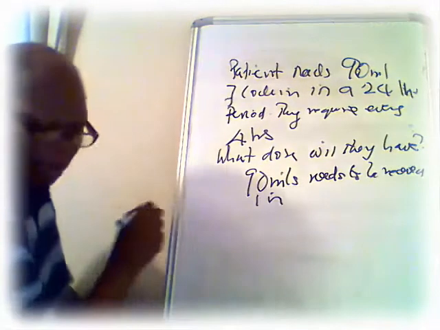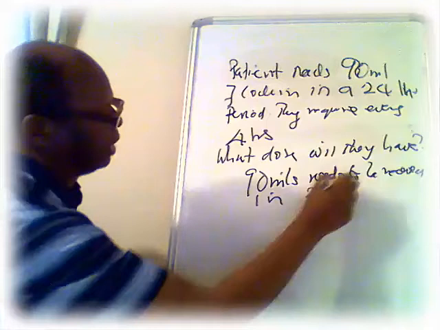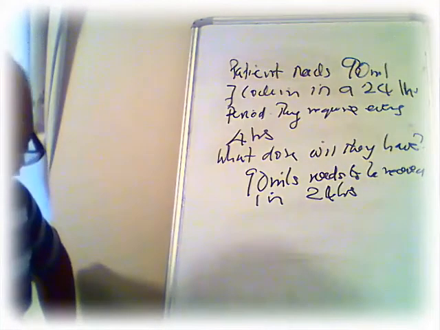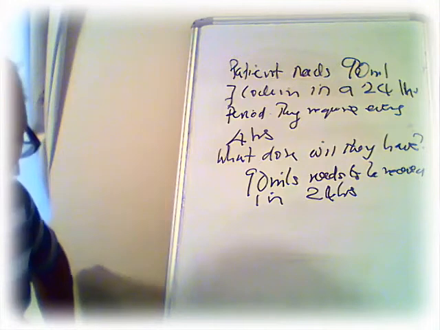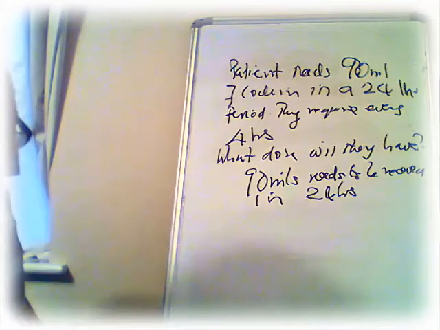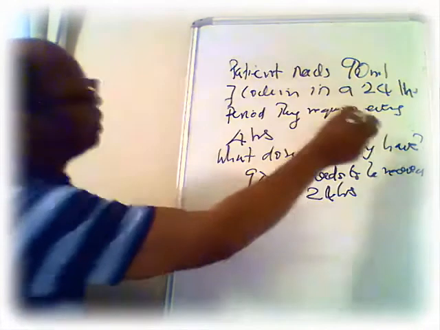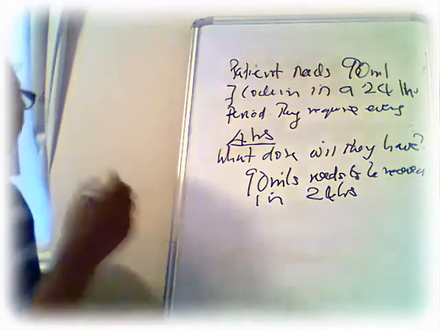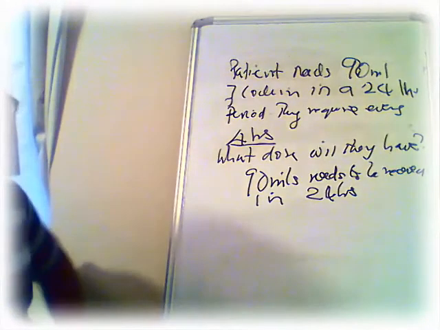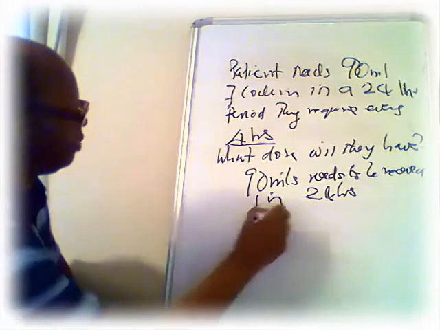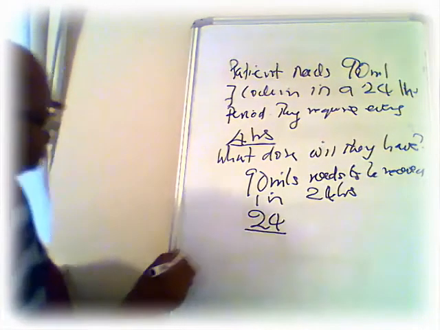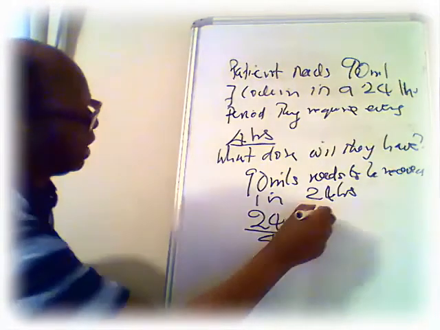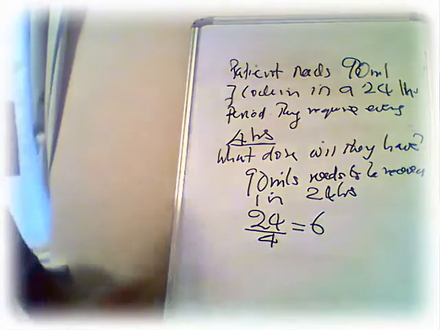Now we know he's receiving this medication every 4 hours. How many times does he receive it in 24 hours? We need 24 hours divided by 4, which gives 6 times. So he gets 6 times.